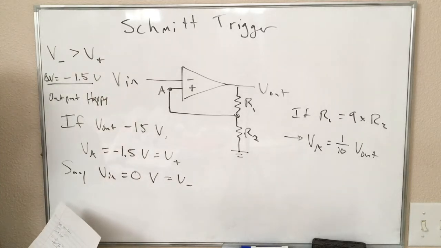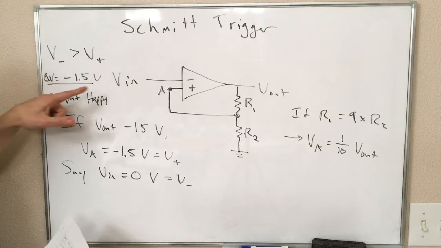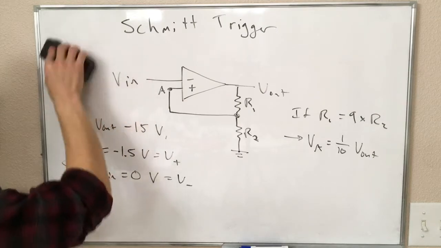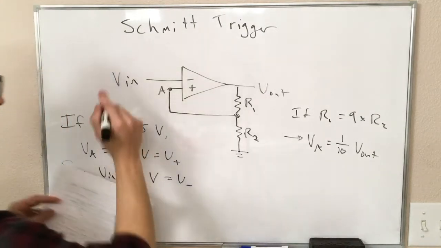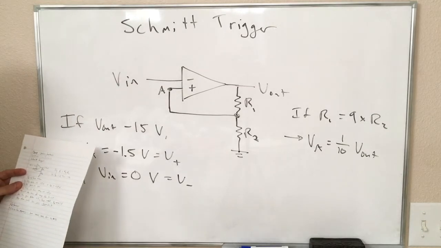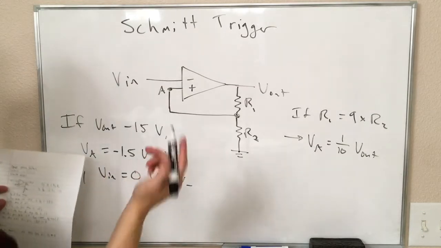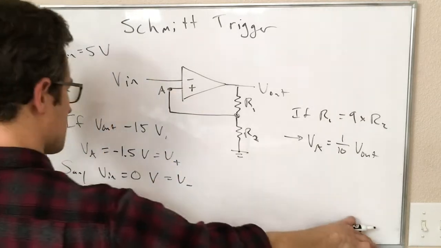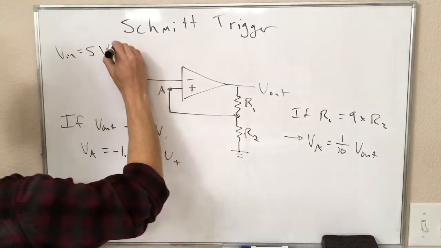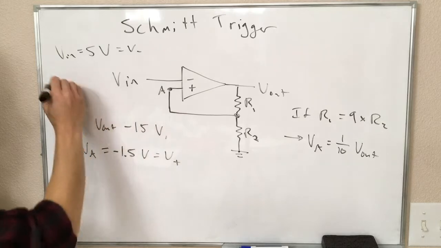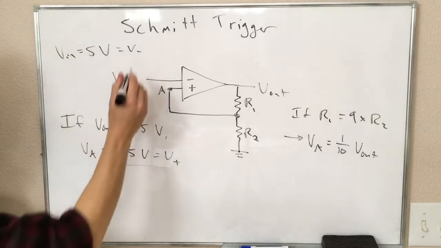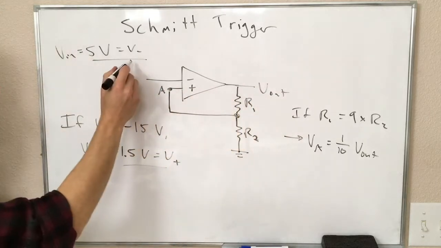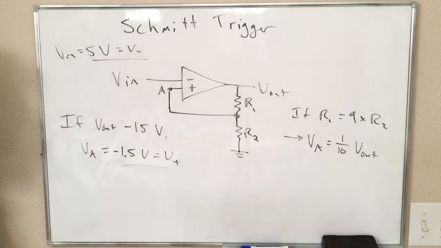Okay, so if we change our input value now, let's say we change it from 0 volts to 5 volts or something like that. If Vin is 5 volts, that is now equal to V minus. If V plus is still minus 1.5, our system is still happy. Our output is still happy to be at minus 15 volts because V minus is bigger than V plus.